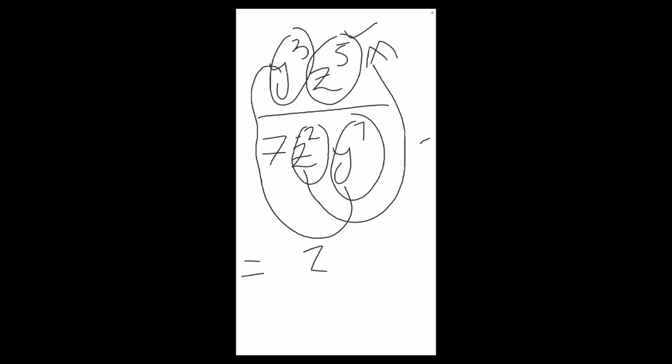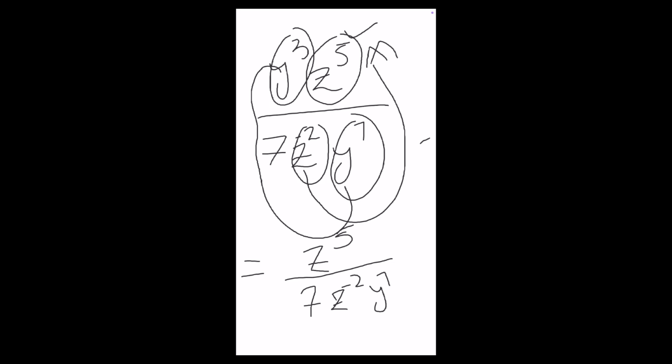z raised to power 5 divided by. Now, what have I missed in the numerator? Wait, let me complete it. z raised to power minus 2 and then y raised to power 7.